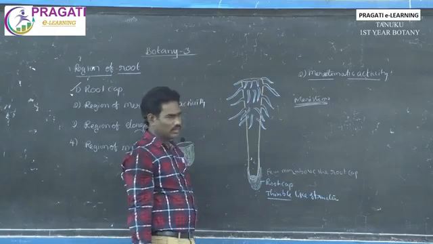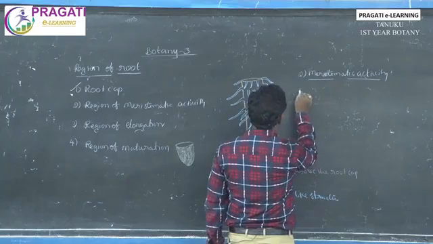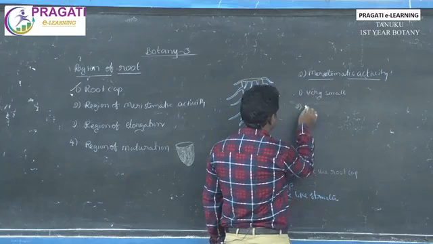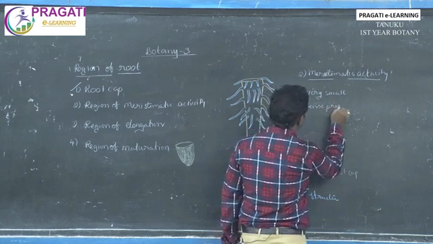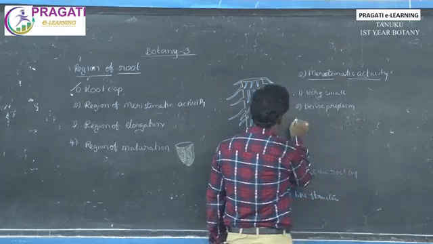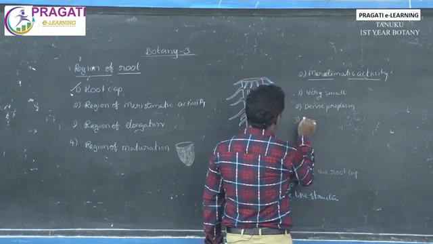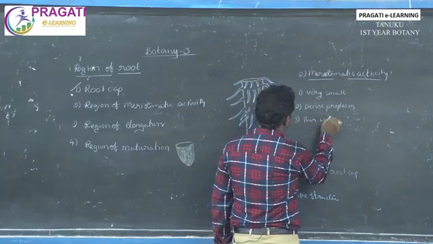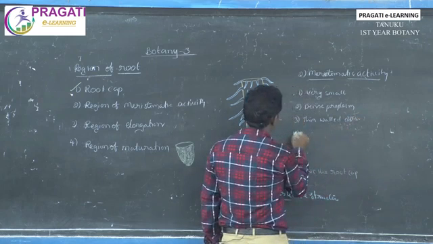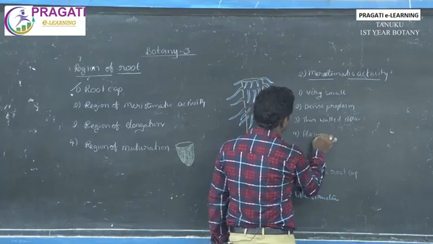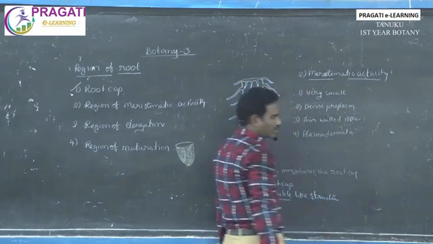These meristematic cells are very small, with dense protoplasm and thin walls, and plasmodesmata connections are high.